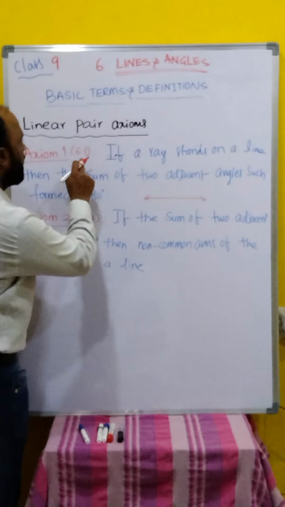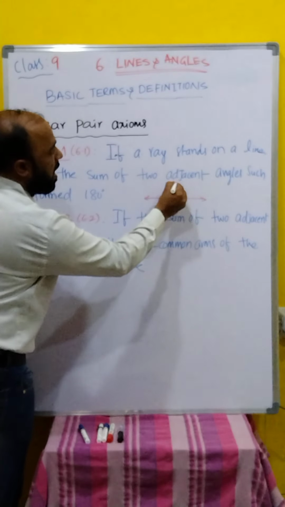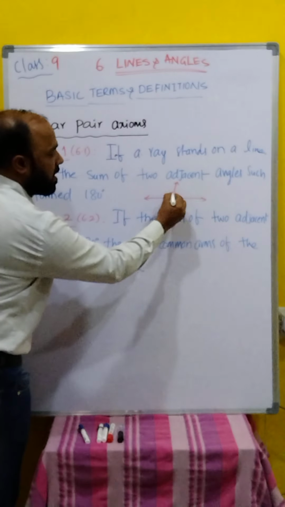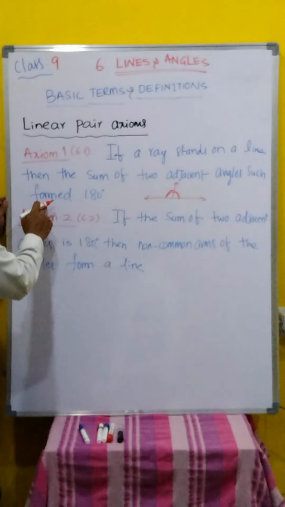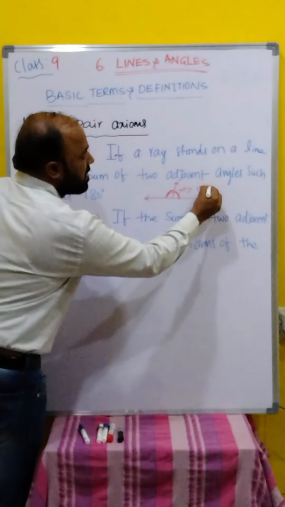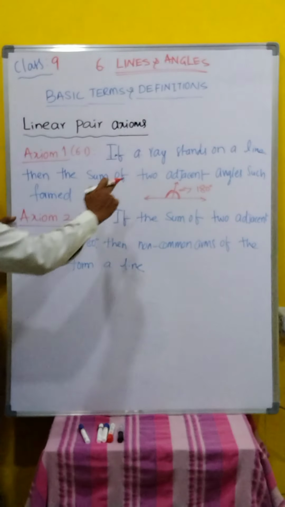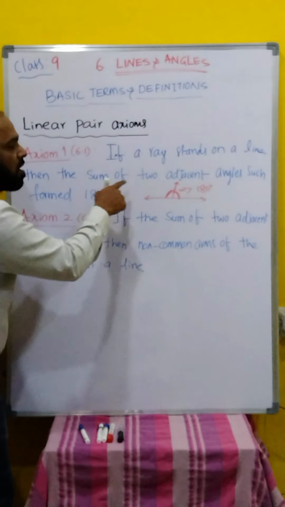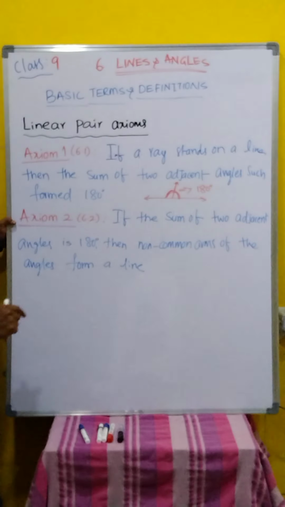The ray stands on a line; this is one angle, this is one angle. What type of angles? Adjacent angles. The sum of these two is obviously 180 degrees. This is the universal truth, the axiom. Clear, children? That is axiom 1.